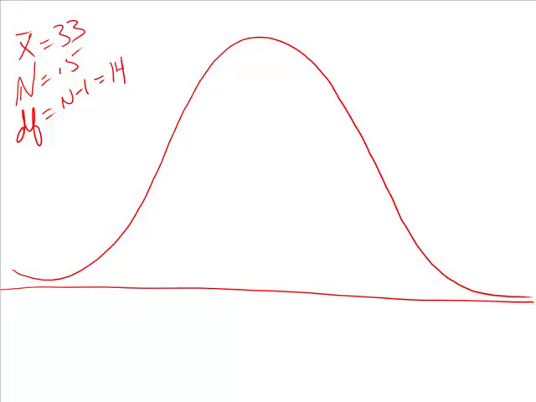Now, how certain do we want to be when we're guessing at what the population mean should be around, given our sample? How much confidence do we want to have in our prediction? Do we want to do 95%?